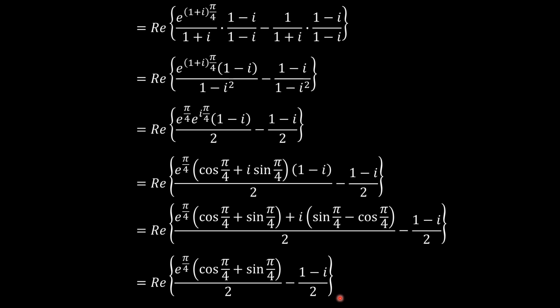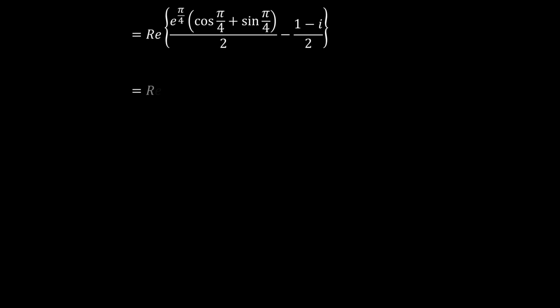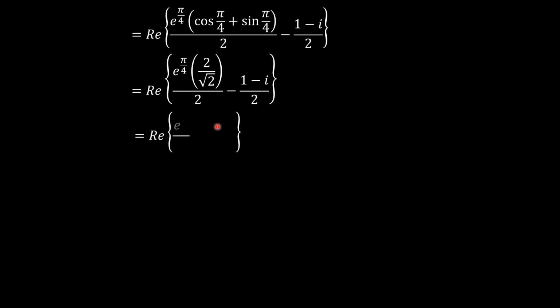So we're not interested in the imaginary part, we just want the real part. And that means that the real part is, since cosine pi over 4 is the same as sine pi over 4, which is 1 over root 2, we have twice 1 over root 2 over 2 here times e to the power of pi over 4. And when we divide that by 2, we just get e to the pi over 4 over root 2 minus the I over 2 here, and we want to extract just the real part.